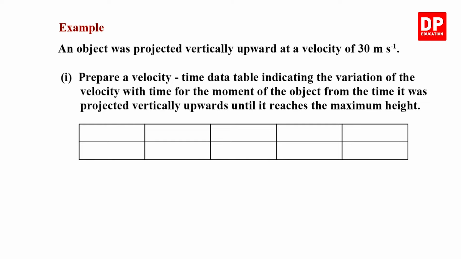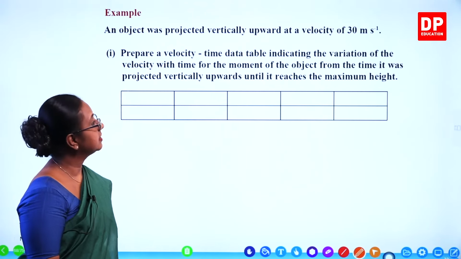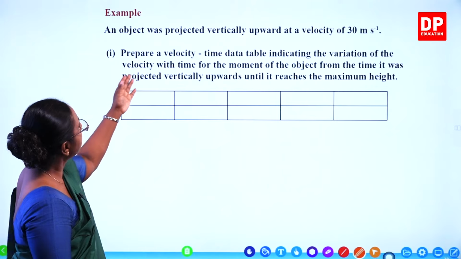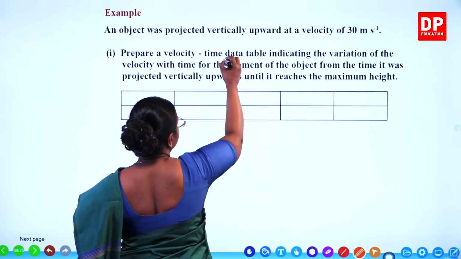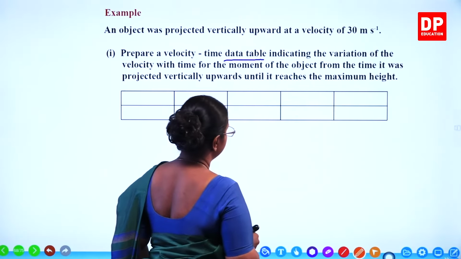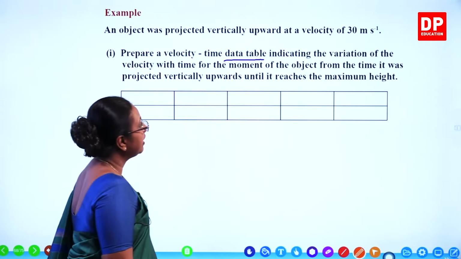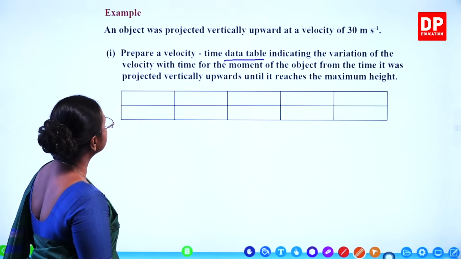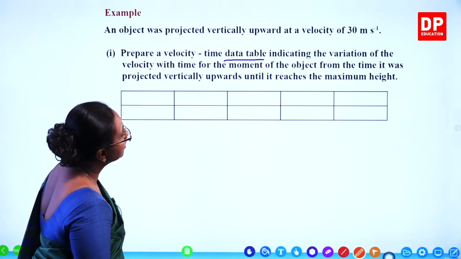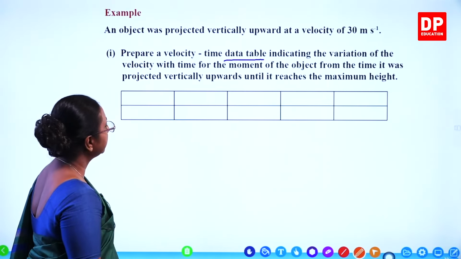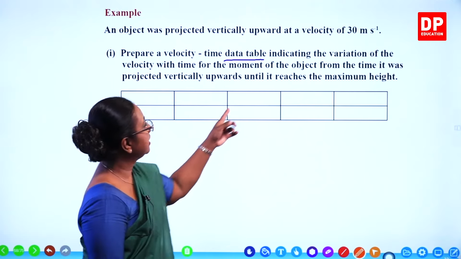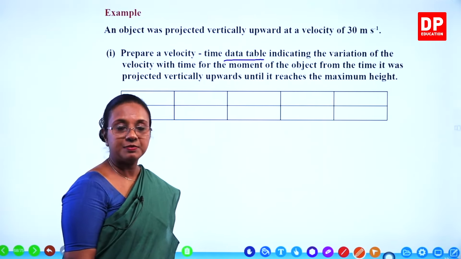The next example: an object was projected vertically upward at a velocity of 30 meters per second. Prepare a velocity time data table. We have to prepare the data table indicating the variation of the velocity with time for the movement of the object from the time it was projected vertically upwards until it reaches the maximum height.